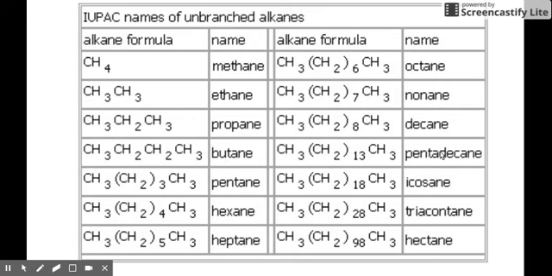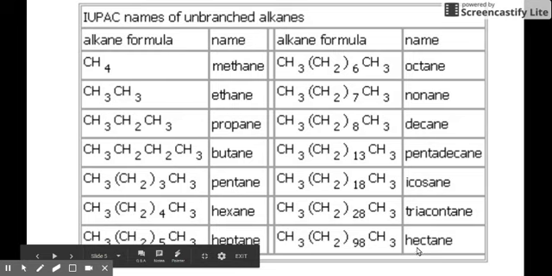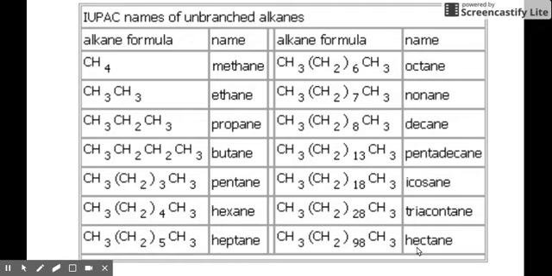And then there are others. If it's more than 10, if you have 15 carbons, it's named pentadecane. If it's 20, icosane. If it's 30, you name it triacontane. And if you get 100, we call that hectane. Now, for simplicity in our class, we're not going to go beyond 10.